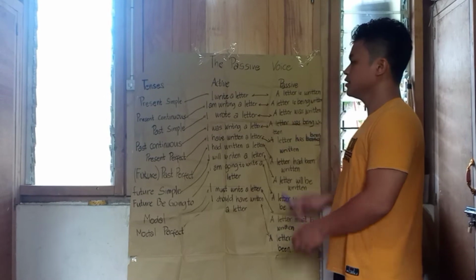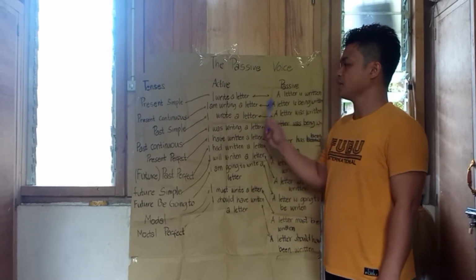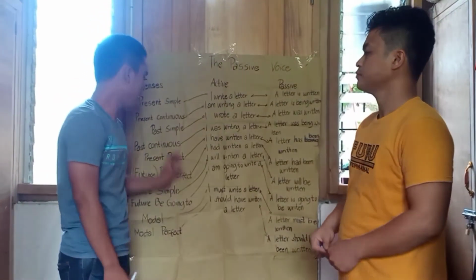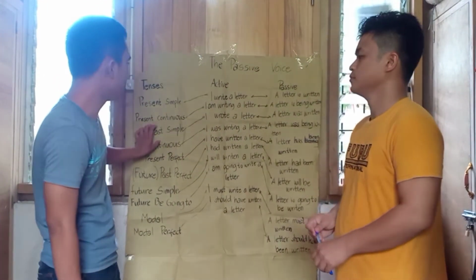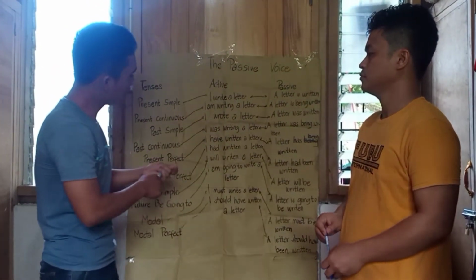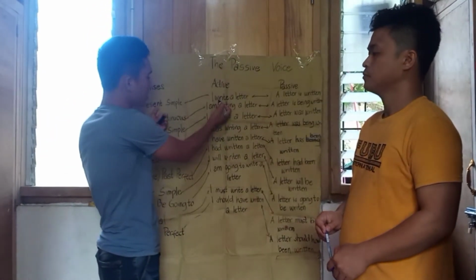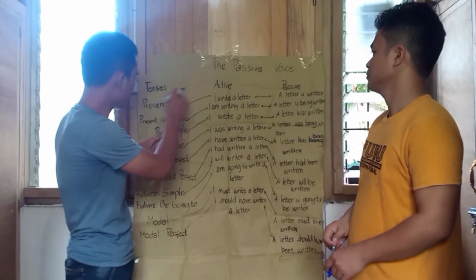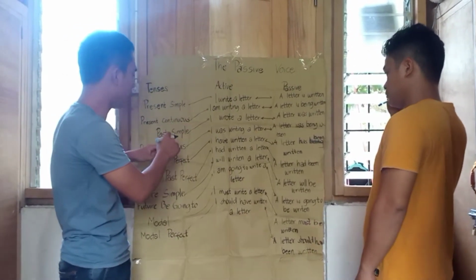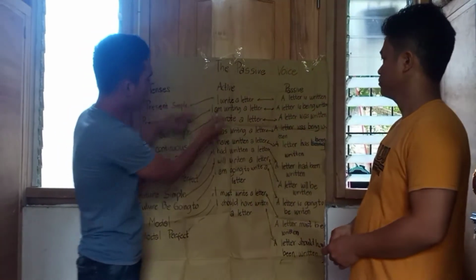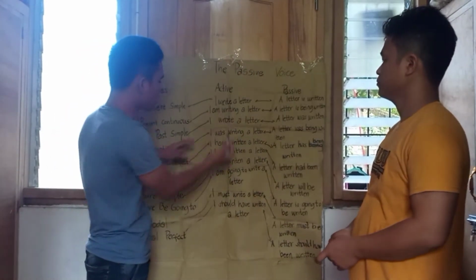Next, we'll tackle the active voice in the past simple. From our present simple "write," we transpose to the past simple. The past simple of "write" is "wrote."